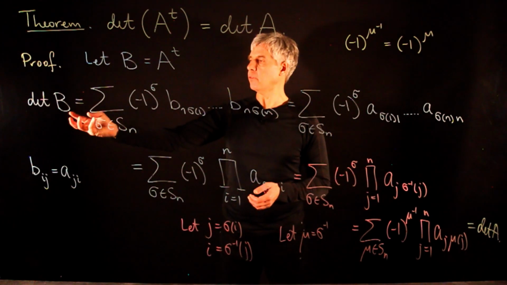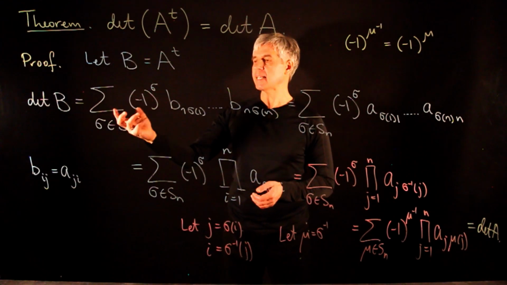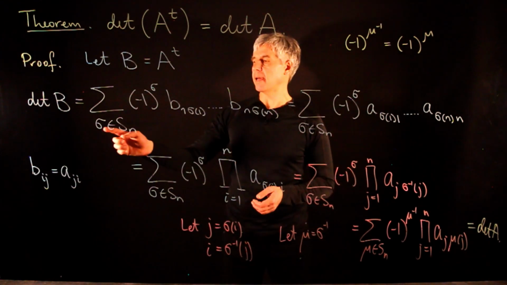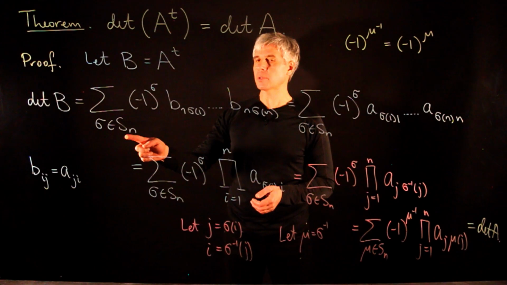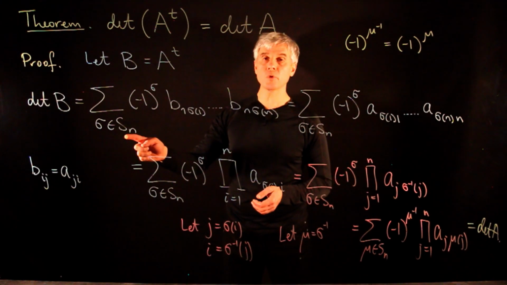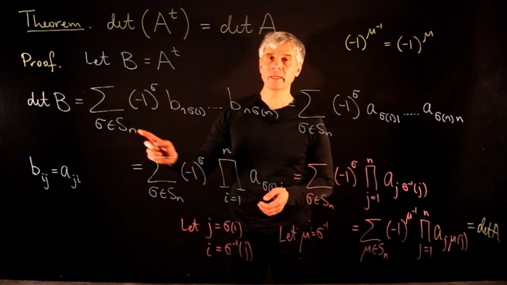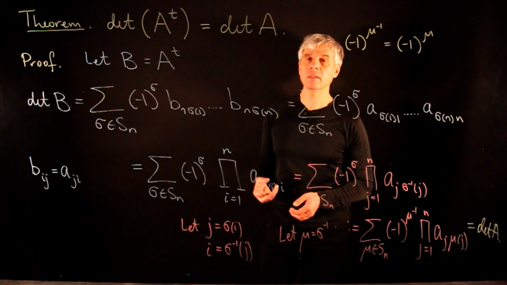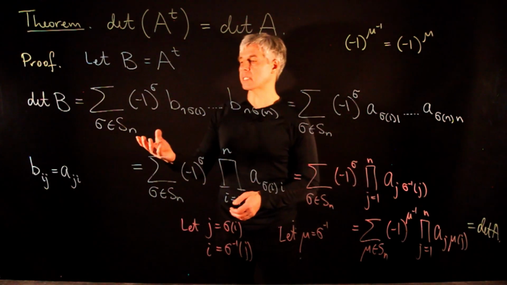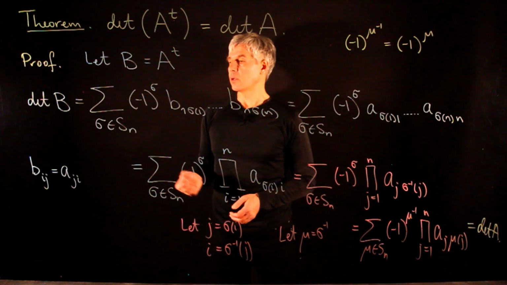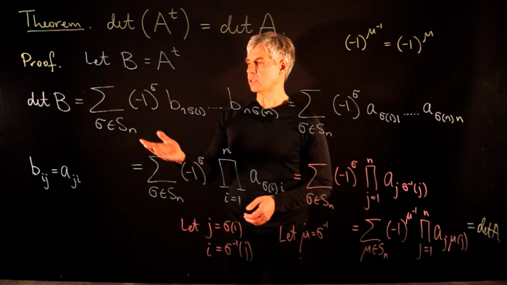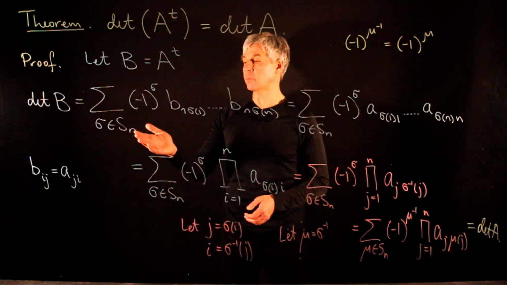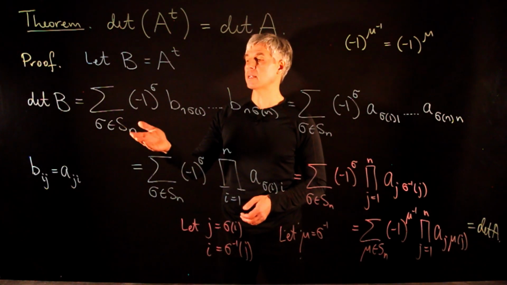Let us take a second look at this formula for the determinant. This formula is a sum of products, and the number of summands is equal to the size of the group of permutations, which is n factorial. And n factorial is a very large number even for modest values of n. So this tells us that this formula becomes impractical when n is fairly large.